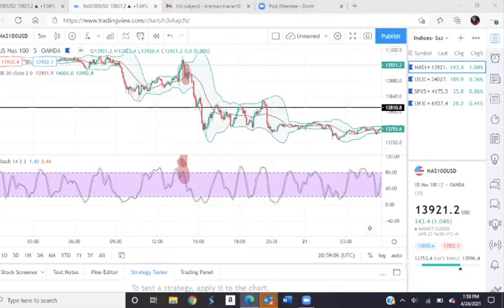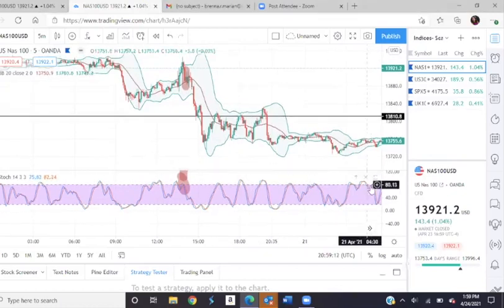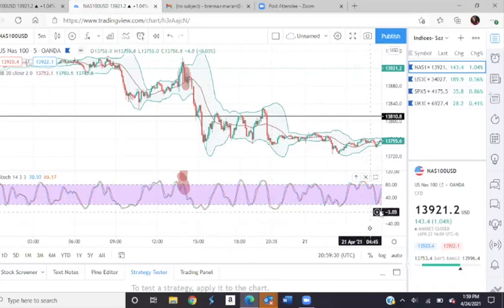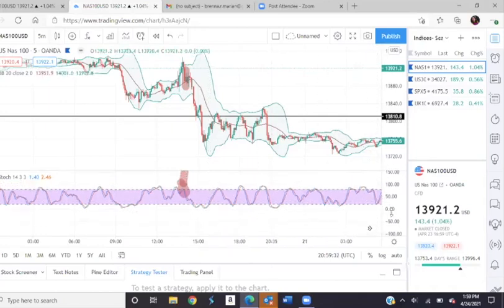The rule is, everybody write this down, please, take notes. When price is over the 80, this 80 mark right here, that means price is overbought and we're looking for a sell once price starts to come out of overbought conditions. And the next rule is when price is under, hold on, I moved this.